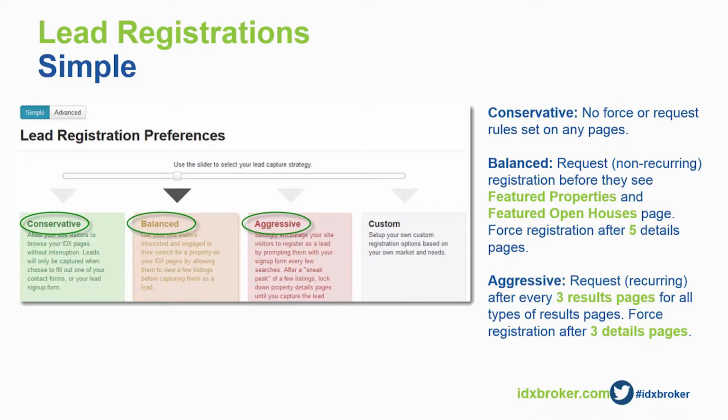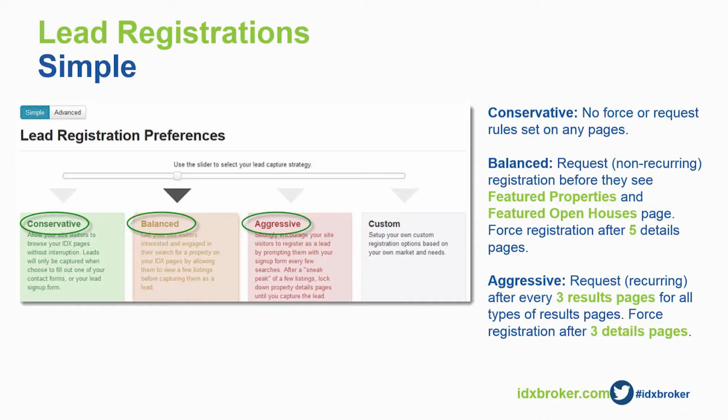Conservative is an easy way to just not bother with the lead forced registration or requested registration. Balanced is in the middle, so you would request a non-recurring registration. This would be before they see any featured properties or featured open house pages, and then they would be forced to request to log into your site within 5 details pages.